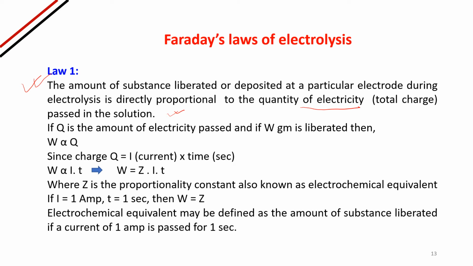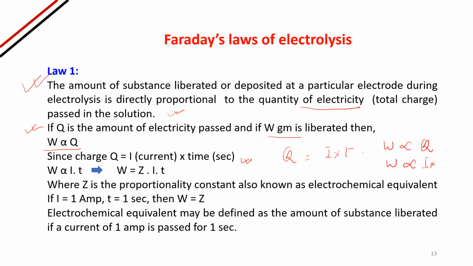Am I clear? So if Q is the amount of the electricity passed and if W gram is liberated, then according to this law, W is proportional to Q. Okay? And you know that Q is equal to I into T, current into time. Just put it in the formula. We are getting W is proportional to Q. It will become W is proportional to I into T. Okay.